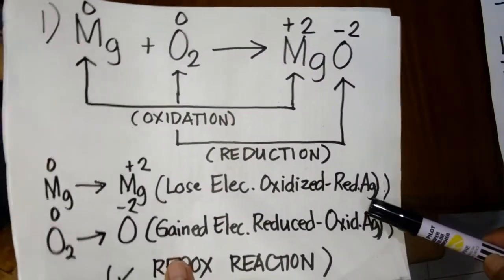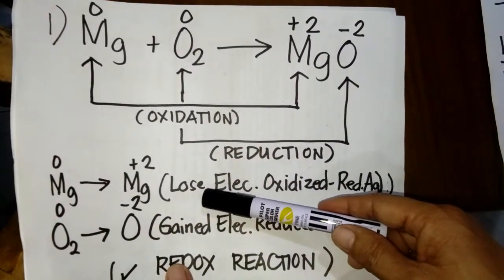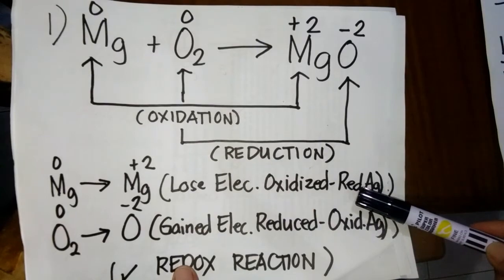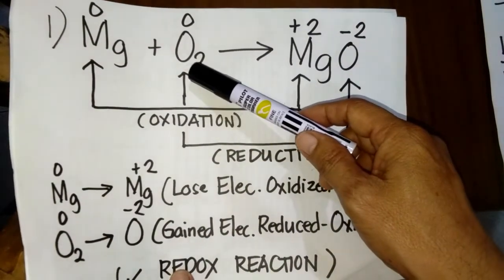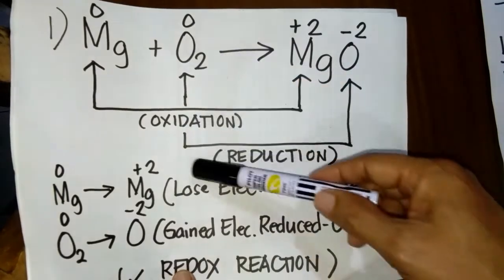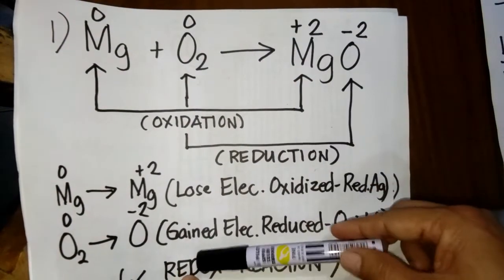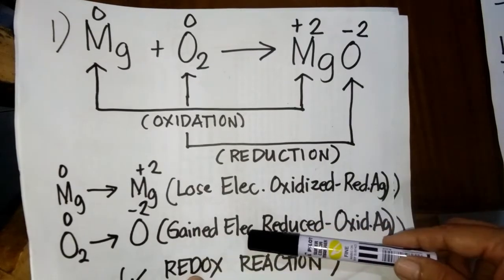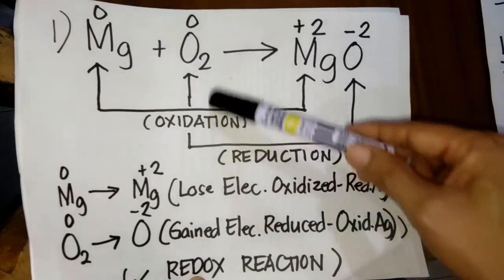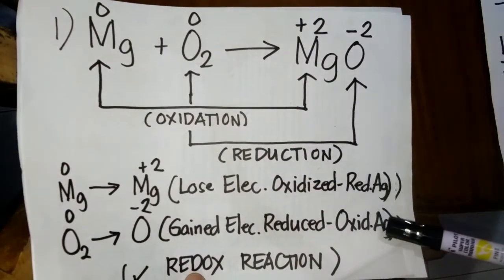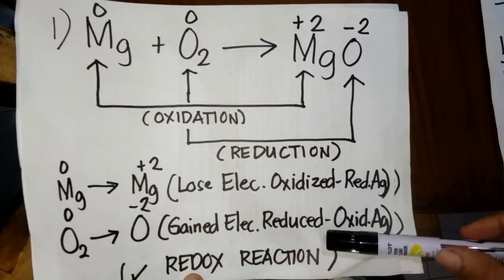Magnesium is the LEO, or the reducing agent. Oxygen gained electrons from 0 oxidation number to negative 2. So therefore this is our GER, or gained electrons is called the reduction. So oxygen is our oxidizing agent. And of course, this is a redox reaction.